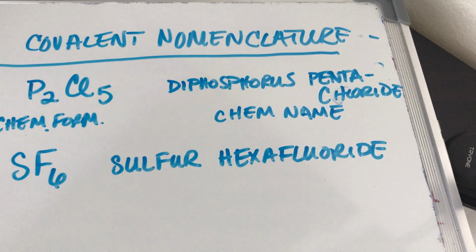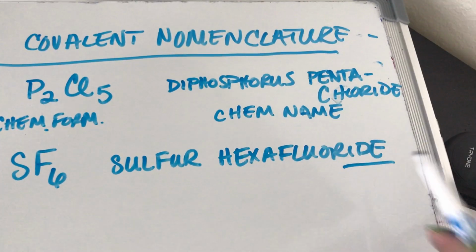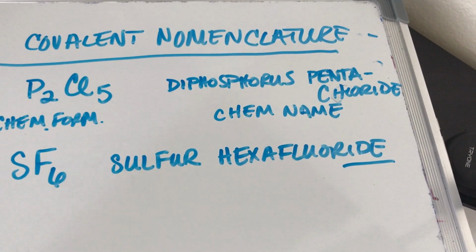Questions about that one? Why does it end in fluoride, and chloride? So the second one always ends in the anionic form. Why? I don't know. That's just the way she goes.